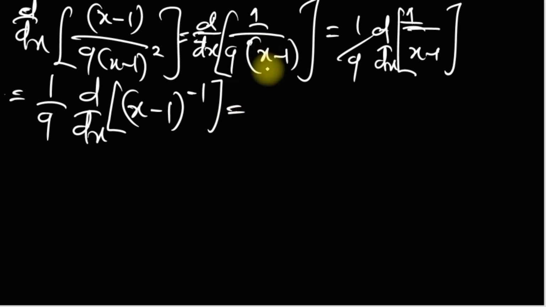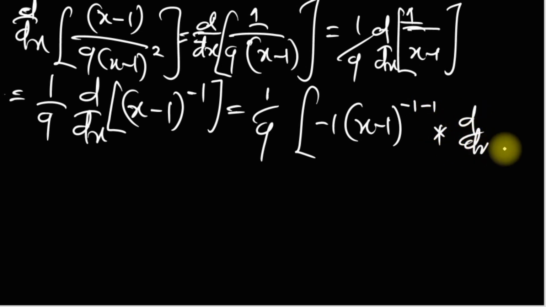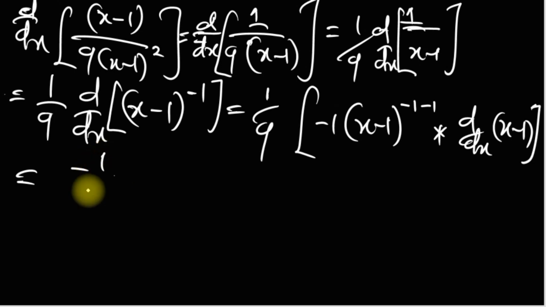So again, using our chain rule combined with power rule, which is now 1 over 9 times minus 1 times x minus 1, as I'm differentiating this, minus 1 times derivative of inside, which is x minus 1. So we have minus 1 over 9 times x minus 1 raised to power minus 2.